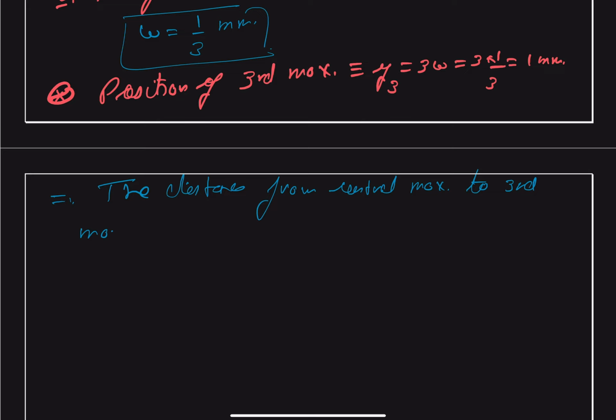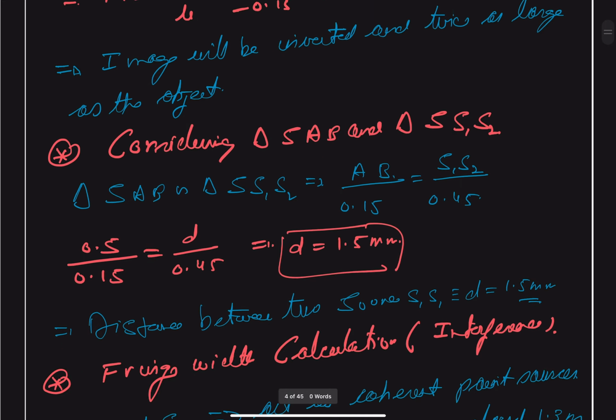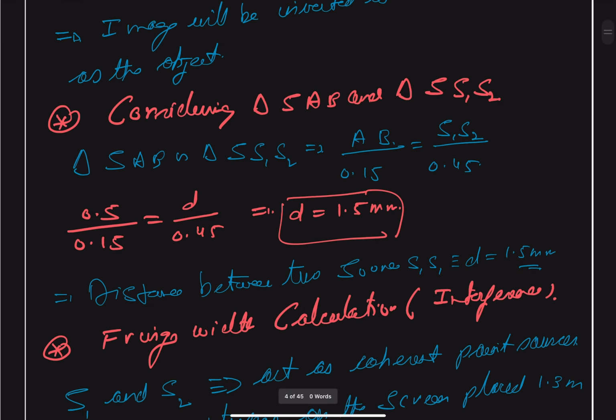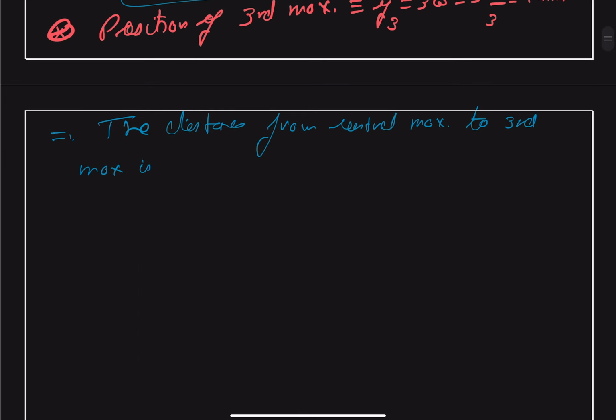The third maxima is this point, A. So OA, from O to A, will be 1 millimeter.